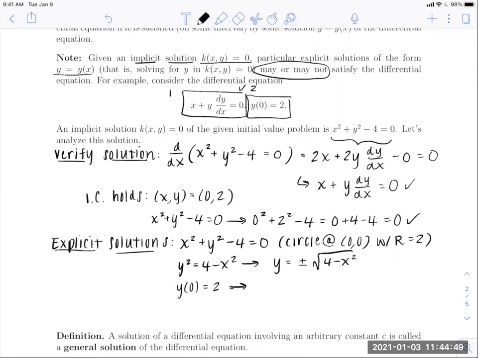So that says 2 equals plus or minus the square root of 4 minus 0 squared. So in fact, that's only true if I take the positive solution. The negative solution does not satisfy that initial condition.